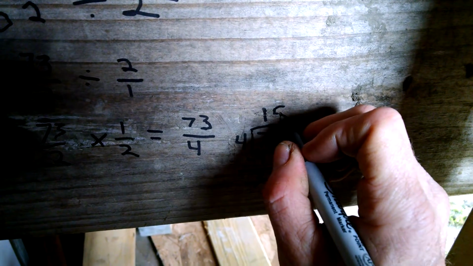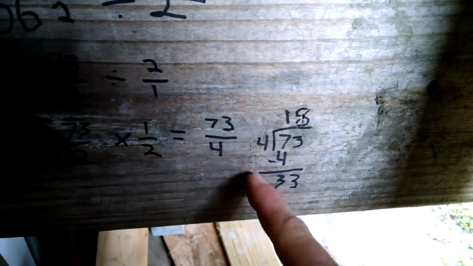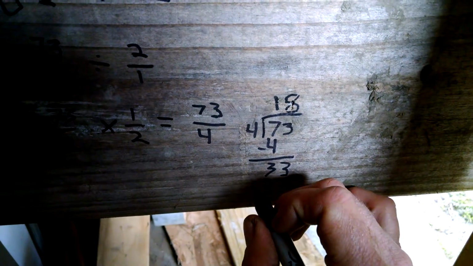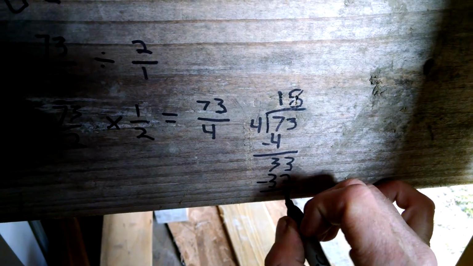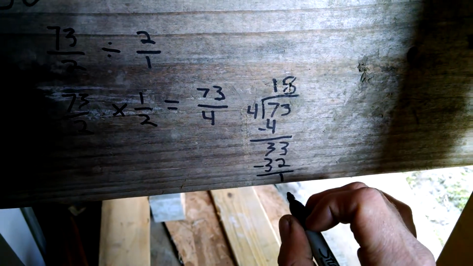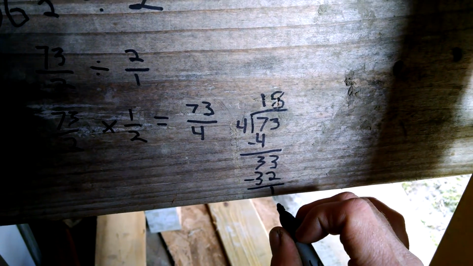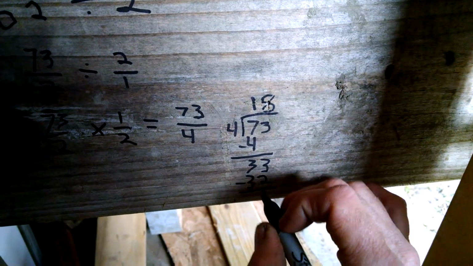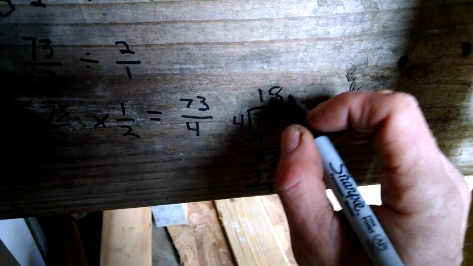Look there, 8. I subtract, I get 1, and that's my remainder because I have nothing more to bring down. I've no more numbers to fill in up here, so I have 1/4.